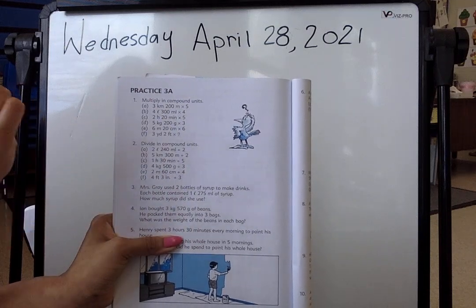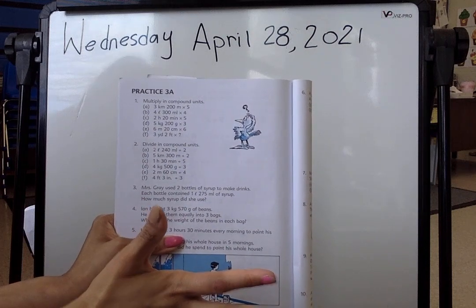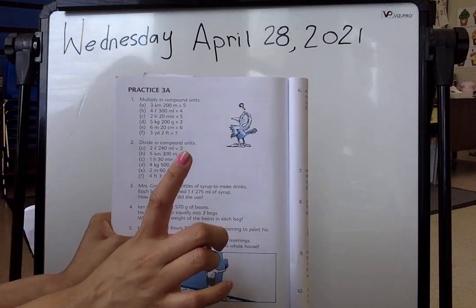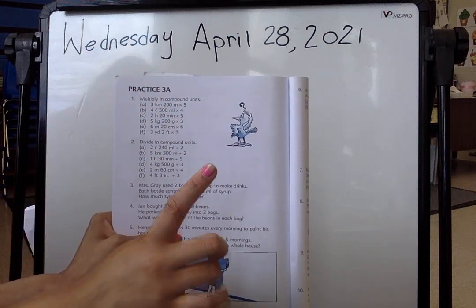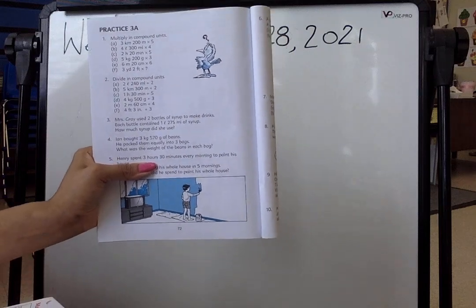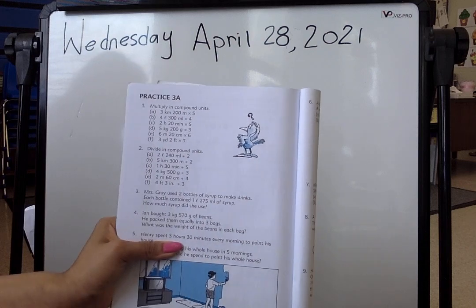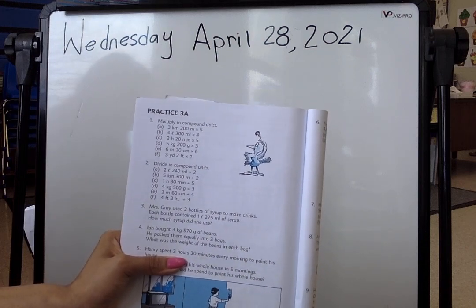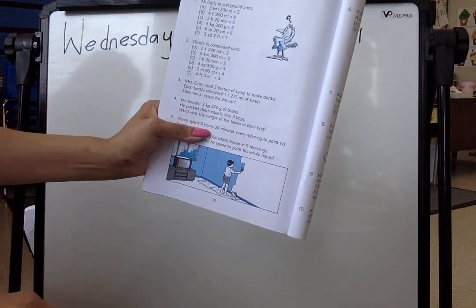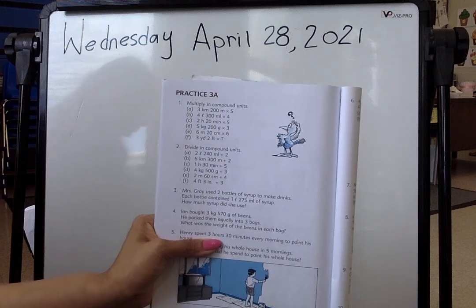If it says 3 kilometers, how many meters do we have? 1 kilometer equals how many meters? So that's what you're looking at, right? If it says 3 kilometers and 200 meters, that means we are going to multiply 3,200 by 5, right? So that will be your task.